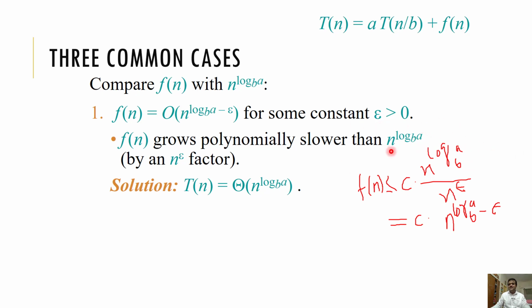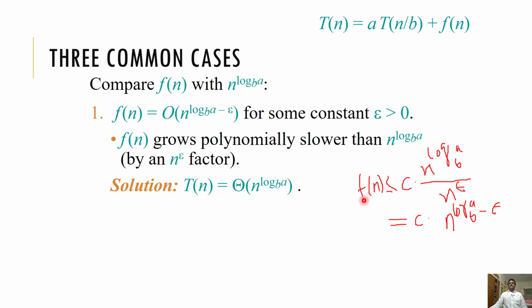So that is the dominating term, and obviously the run time will be the dominating cost. The run time will be theta of n to the power log a base b, the time we spend in recursively solving the subproblems, because the merging time is very small compared to it. Say this is 1000 and this is just 5 seconds; obviously 1000 is the run time, and 5 seconds is negligible.